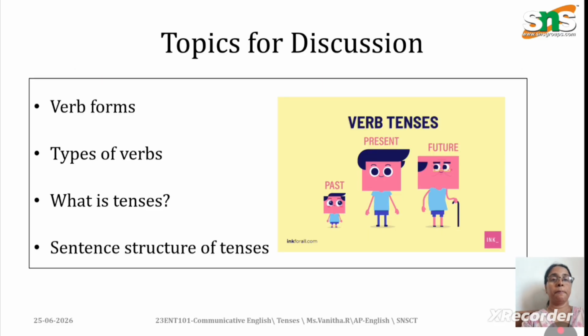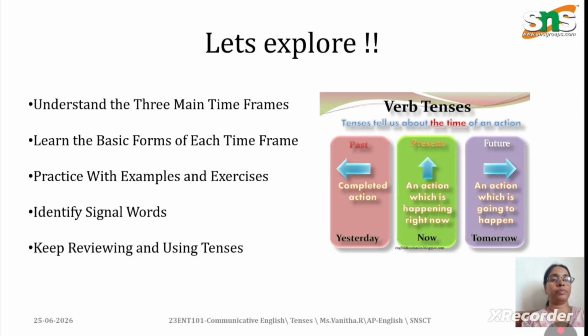Let us go further. We have already seen what tense is and the explanation about it in the previous videos, but that's okay, we'll just have a recall on it. So verb tenses. The tense tells us about the time of an action.